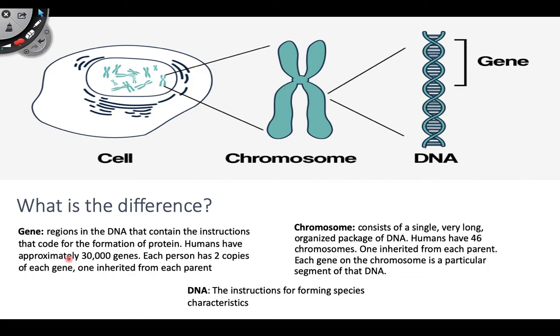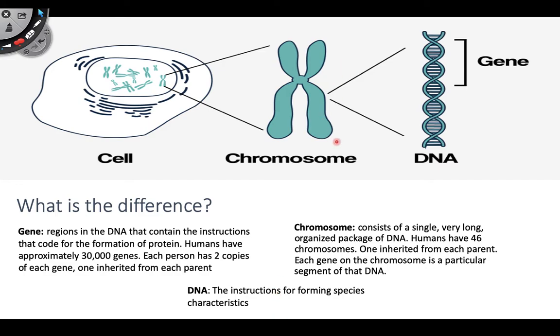Humans have approximately 30,000 genes, and each person has 2 copies of each gene, one inherited from each parent. You might remember from the genetics unit, this is what we refer to as an allele, a dominant or a recessive allele. All right, and then we have DNA here at the molecular level. DNA is deoxyribose nucleic acid, and these are the instructions for forming species characteristics.